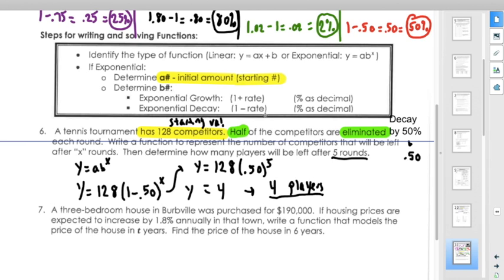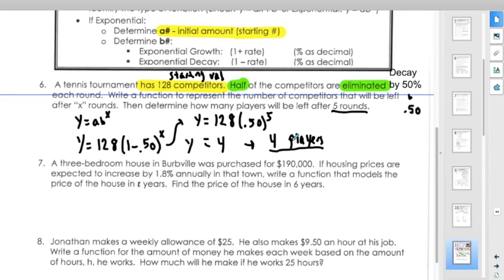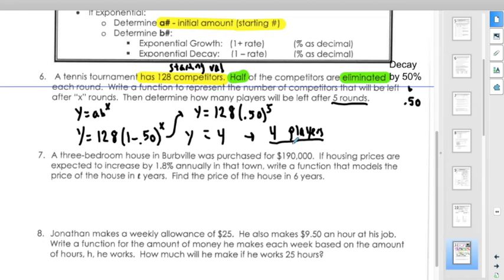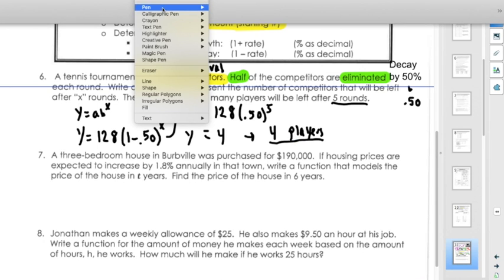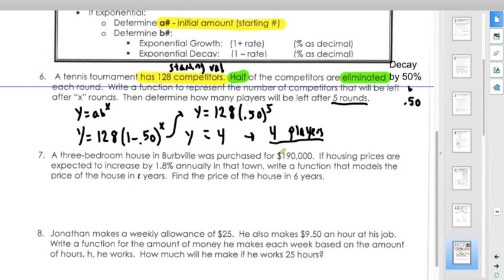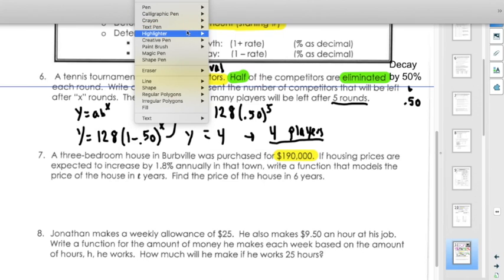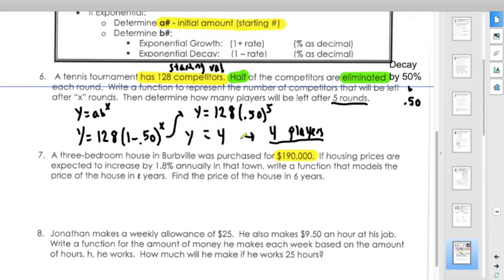Okay? All right, number 7. A 3-bedroom house in Burbville was purchased for $199,000. Kind of cheap. This is our starting value, $199,000. That is my A. If the housing prices are expected to increase by 1.8%, write a function that models the price of the house in t years.